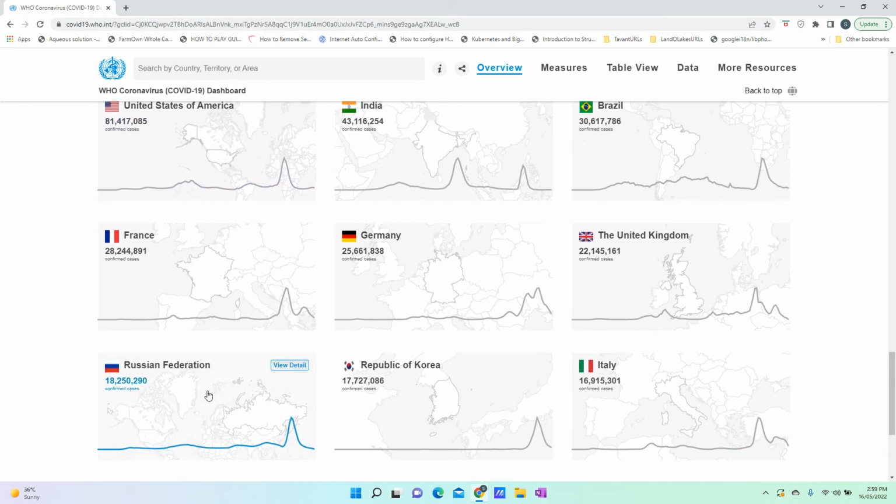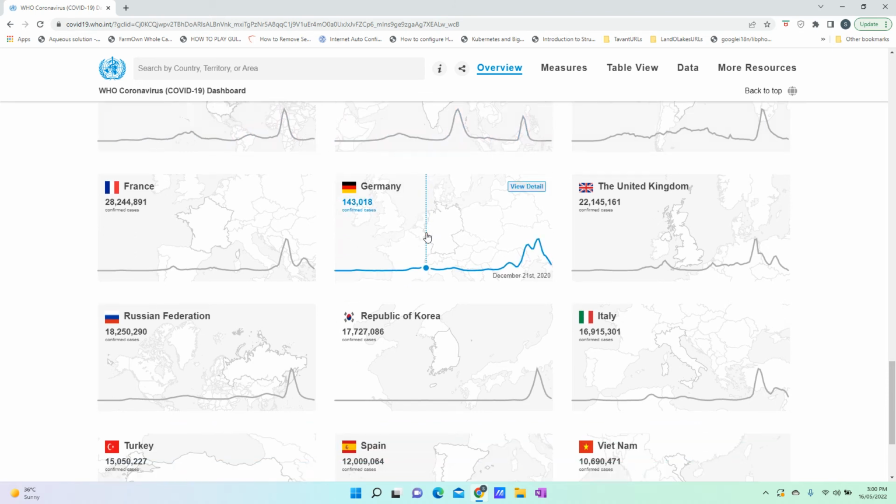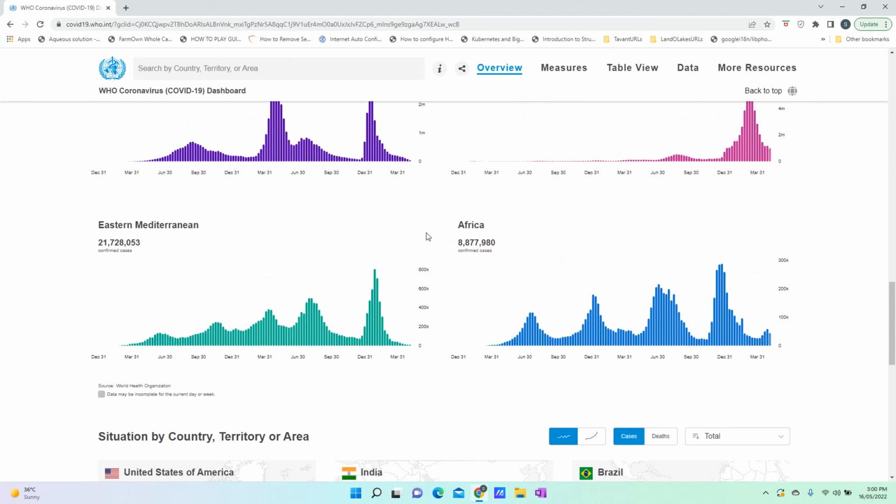In all these countries you can see that Omicron really wreaked havoc because it had more confirmed cases and less mortality. But by March and April, none of these countries had any spike to indicate that there was something really bad, right? So that is what it is.